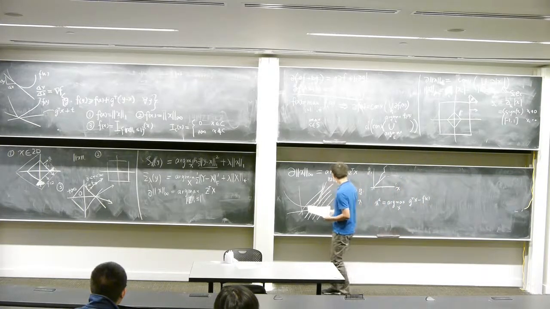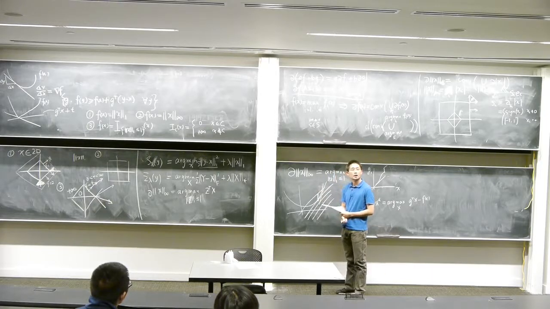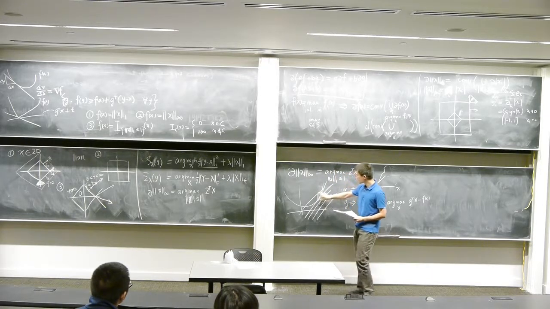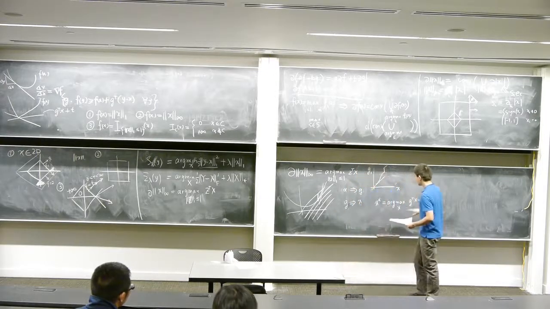So what this is doing is finding the x such that this difference becomes the largest. When the difference is the largest, if you translate this plane to this lower plane, you get the exact tangential plane, and you get this x.